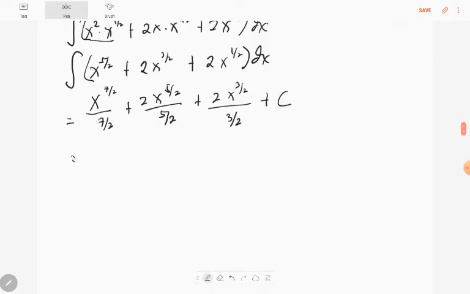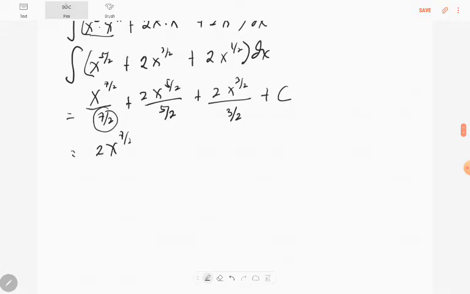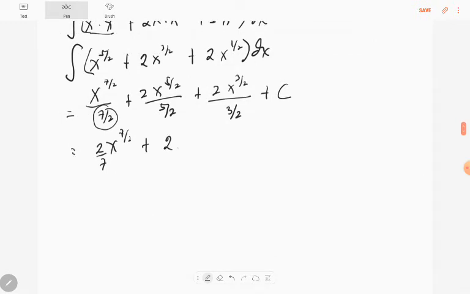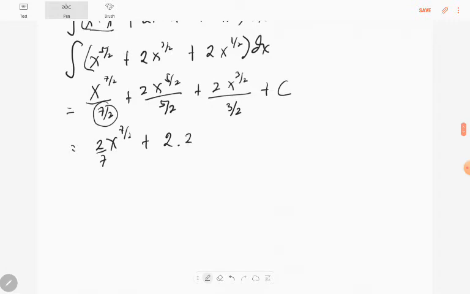Simplify. So you get x raised to 7/2, and we just have to rewrite the denominator, so this now becomes 2 over 7. We're getting its reciprocal. Plus 2 times the reciprocal of 5/2, which is 2/5, with x raised to 5/2, plus the reciprocal 2/3 with x raised to 3/2, plus c.